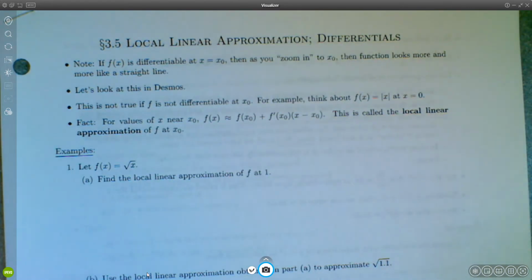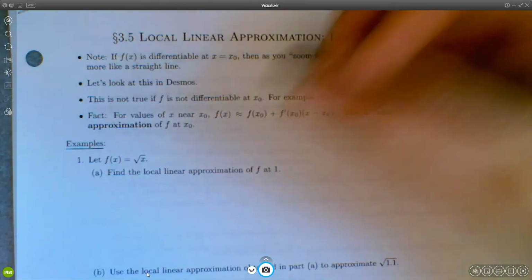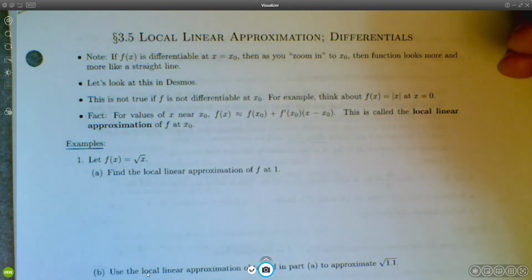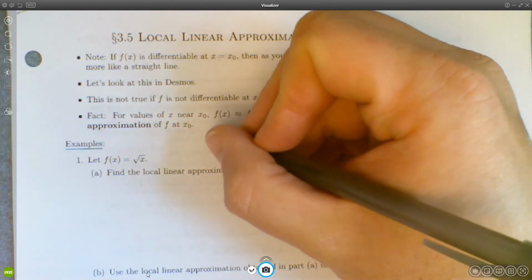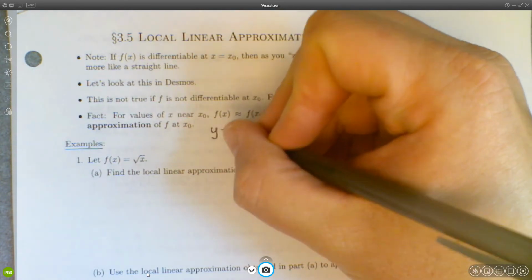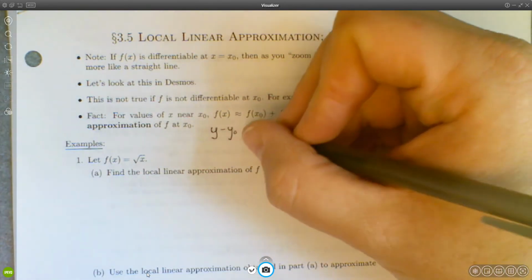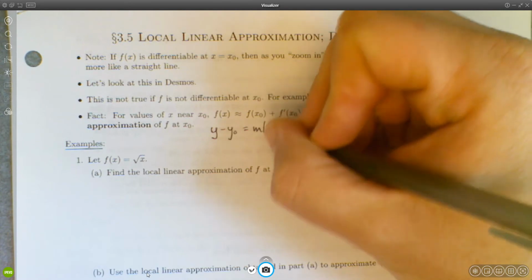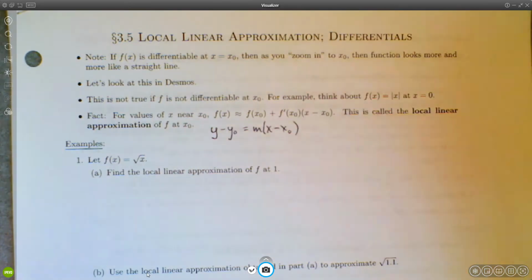If that seems a little bit confusing to you, just think about it like this, right? When we try to find the equation for a line that goes through a particular point and that has a particular slope, then we use this formula. We say y minus y naught, or y1 or whatever, equals m times x minus x naught, right?